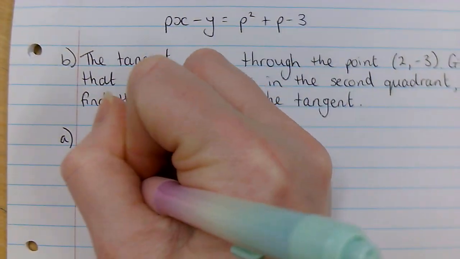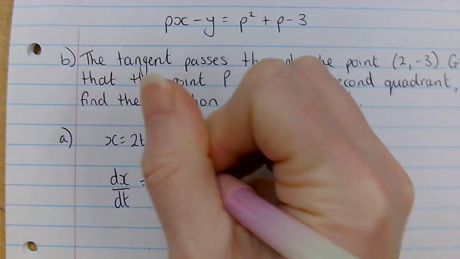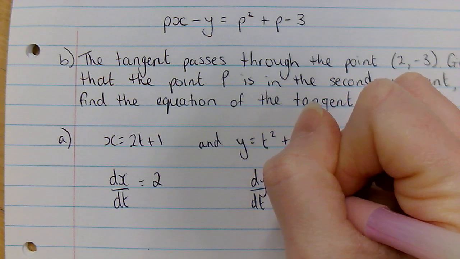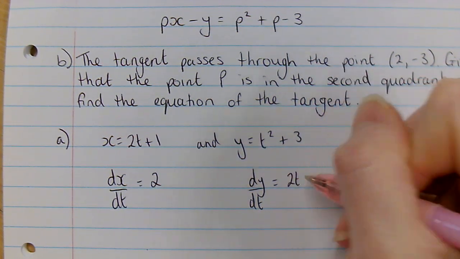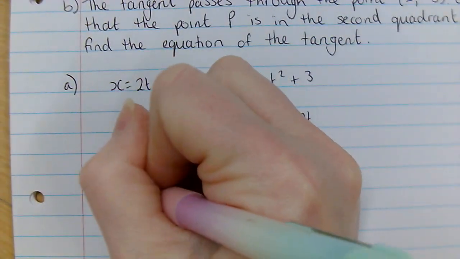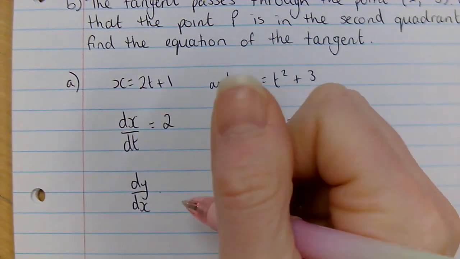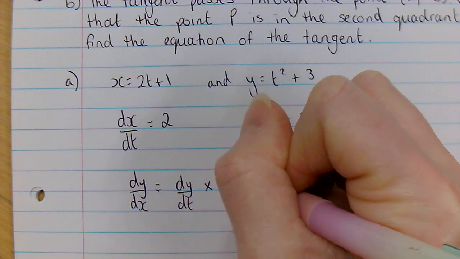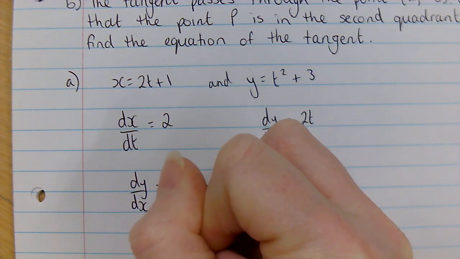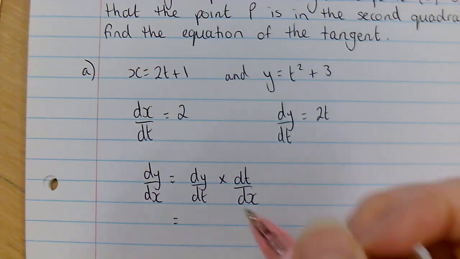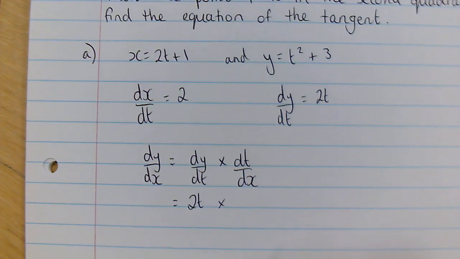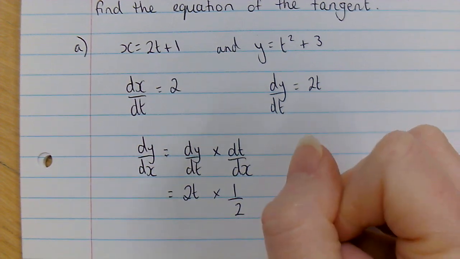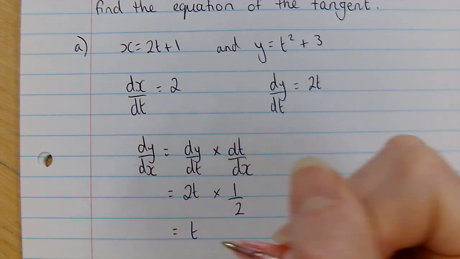So dx by dt, differentiating this, is going to give me 2. dy by dt is going to be 2t. Using the fact that dy by dx is equal to dy by dt times dt by dx, we're going to do 2t times, and then we flip this one upside down, so it's 1 over 2. If we work that out, we get dy by dx is equal to t.